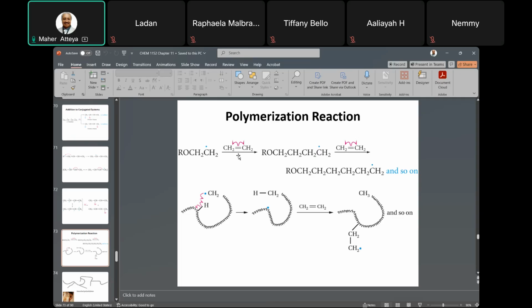This is 2 carbons, 1 double bond. 2 carbons is eth, and then ene, correct? The commercial name is ethylene, but we go by the IUPAC name. We just forget about the common or commercial name. We say this is ethene with a double bond.